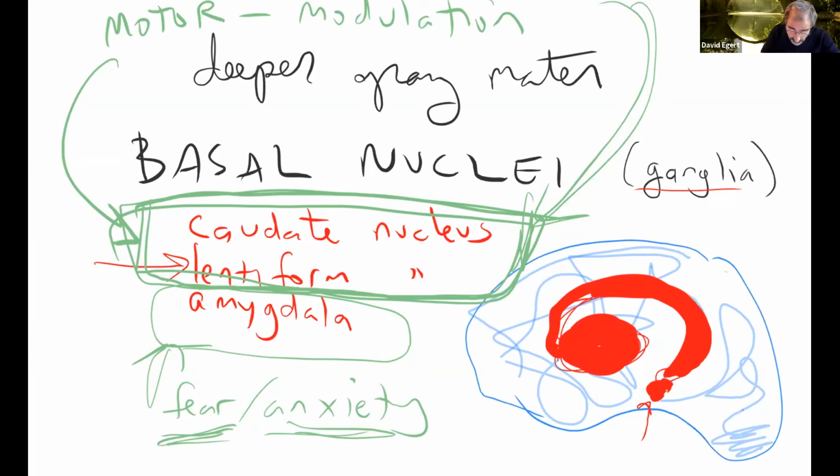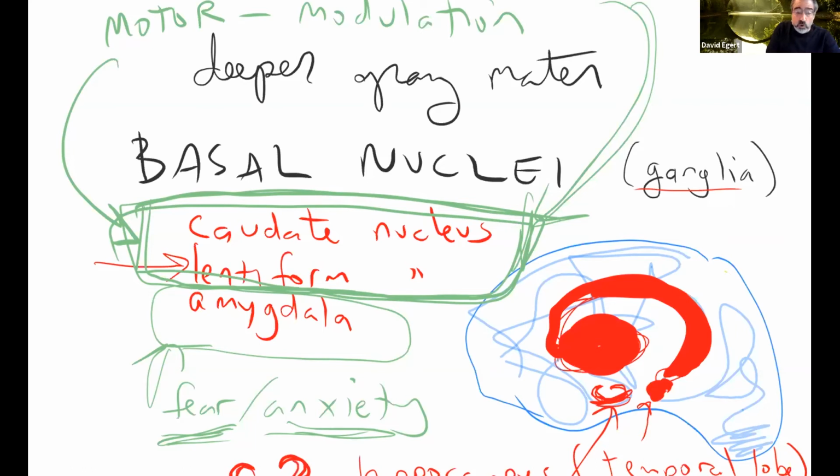Other pockets of deeper gray matter that we'll talk about in a little while include the hippocampus. The hippocampus is near the floor of the temporal lobe. There's gray matter down there, and it curls.